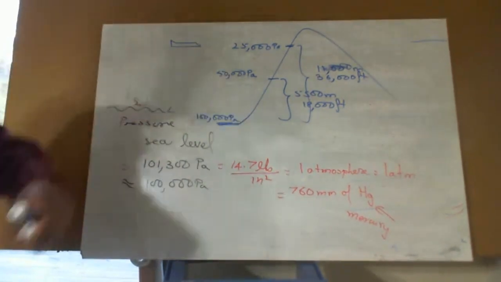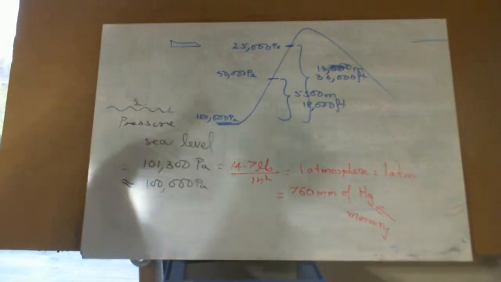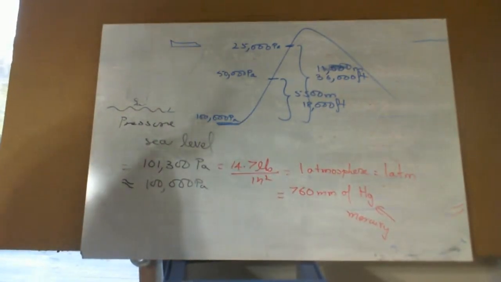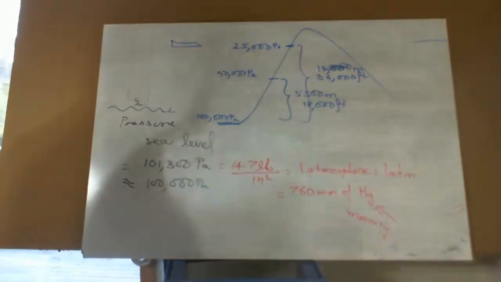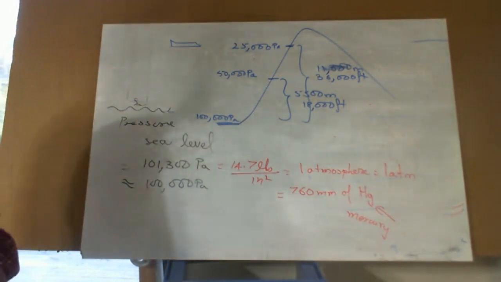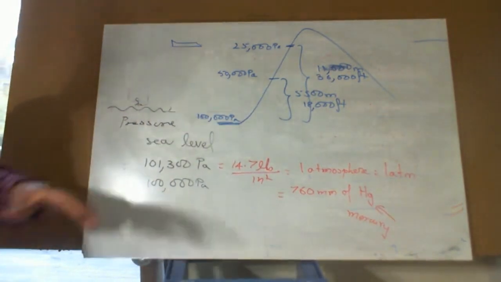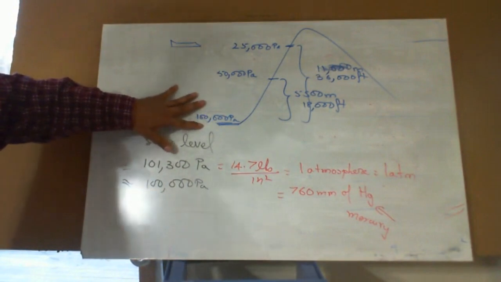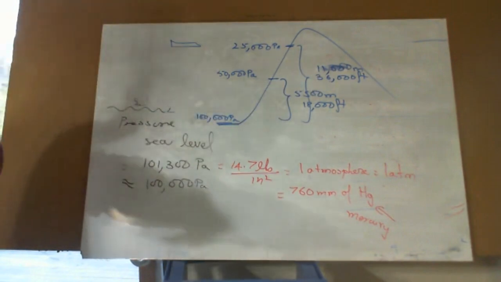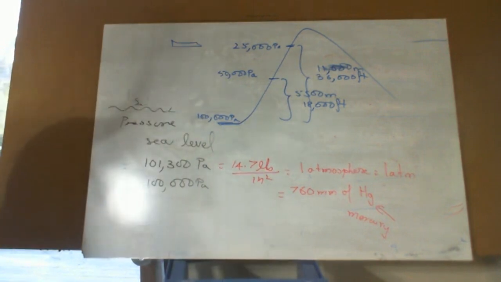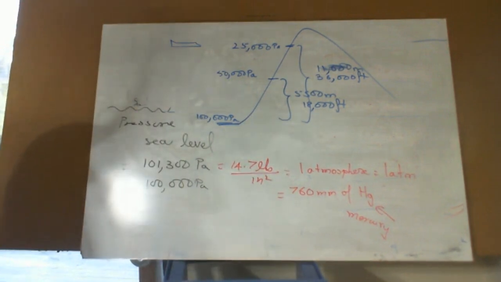Why? Because your body needs oxygen, and oxygen is forced into your bloodstream by pressure. So here the pressure is 100,000, and when you breathe in air, that pressure forces the oxygen into your bloodstream.